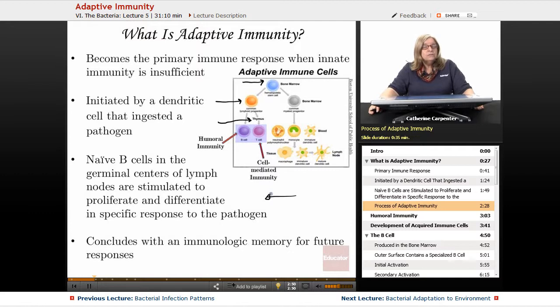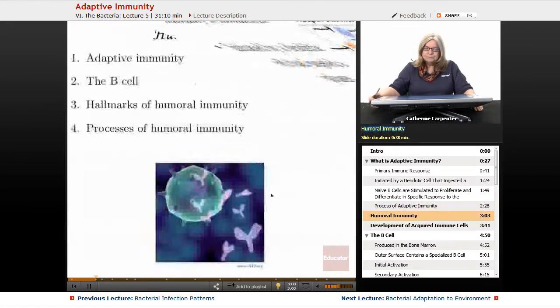Then we leave some cells behind that will remember the shape of the pathogen in case the human organism experiences future infections from that same pathogen.